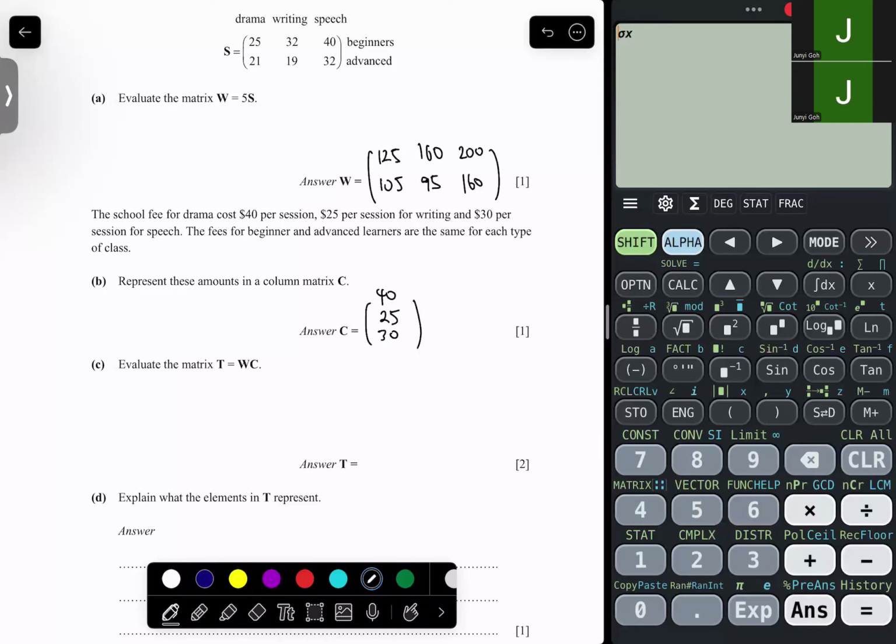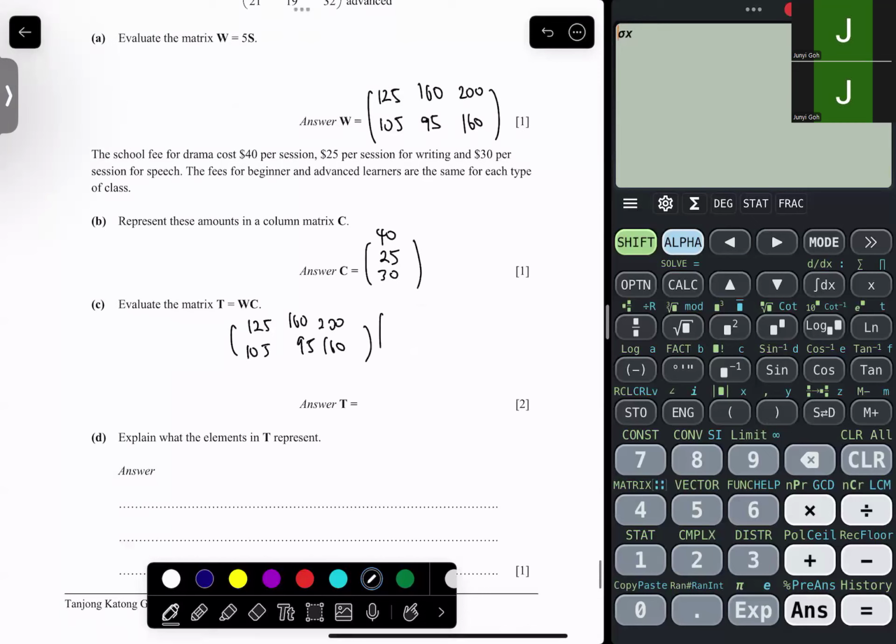Evaluate T equals WC. So we have 2 by 3, 125, 160, 200, 105, 95, 160, multiplied by 40, 25, 30. This one is 3 by 1, so we get 2 by 1, right?